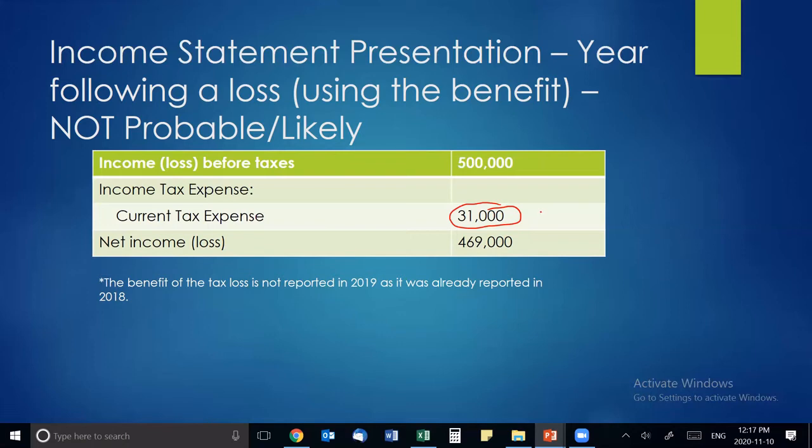So when it comes to accounting, they are conservative. They don't really like recording assets unless it's probable or likely that they will be able to realize that asset. So we can still use the loss, but we can't record the asset if we thought it wasn't going to be probable or likely.